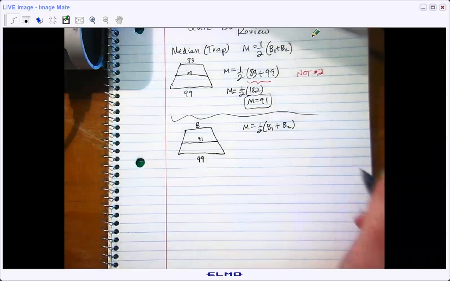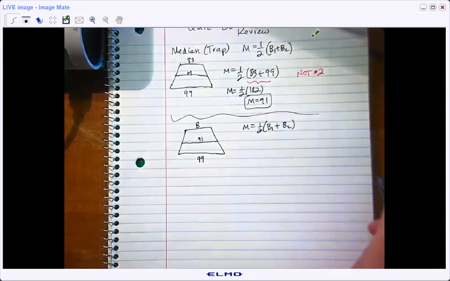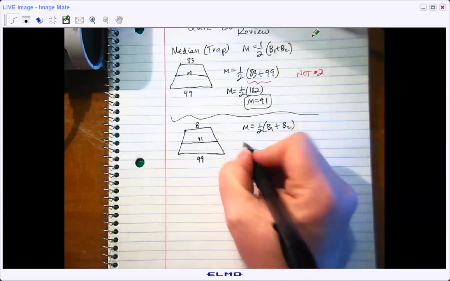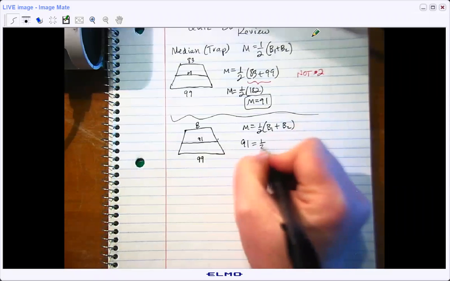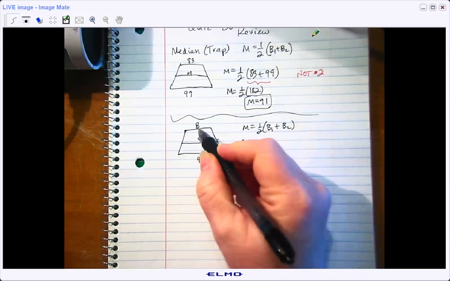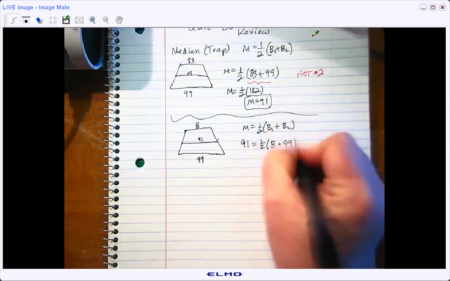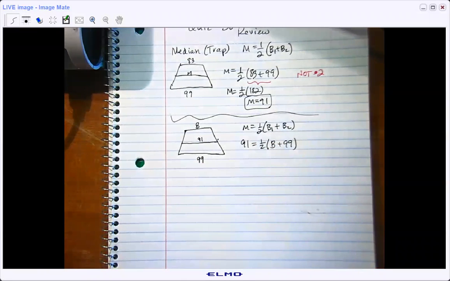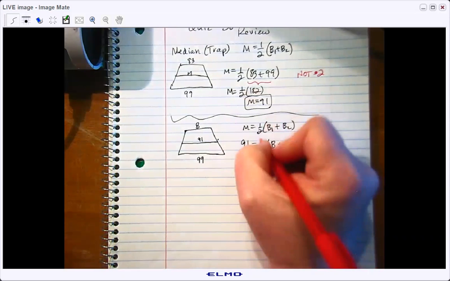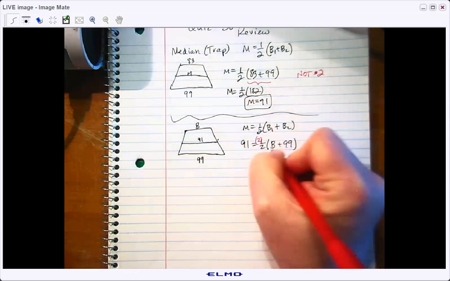So let's fill it in. Where does the M go, on the left or right? The left. Okay, so the M goes on the left. 1/2. My B1 is what I'm trying to find. My B2 is 99. Do I need to multiply by 2 this time? Yes, good. So this time I'm going to multiply by 2 because the variable's over here.